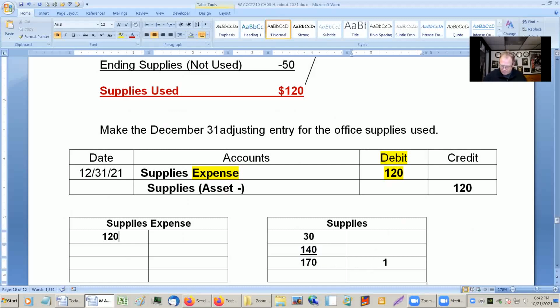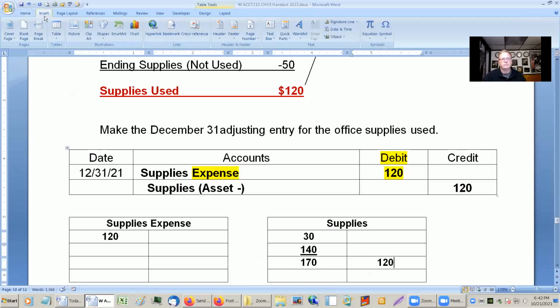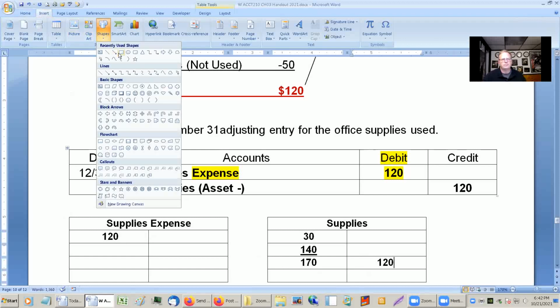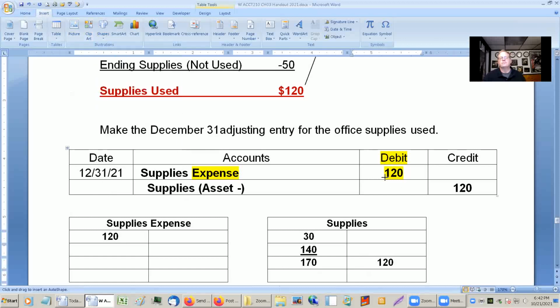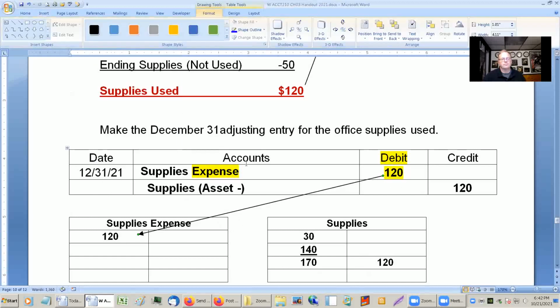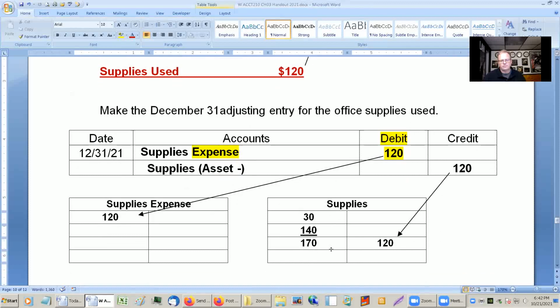And that will also be over here. And so the ending amount is 50.